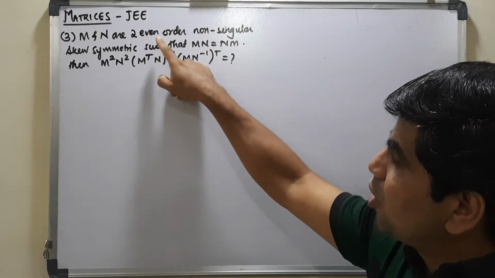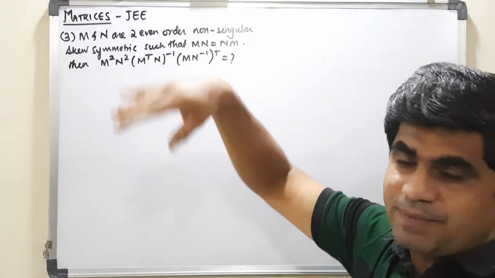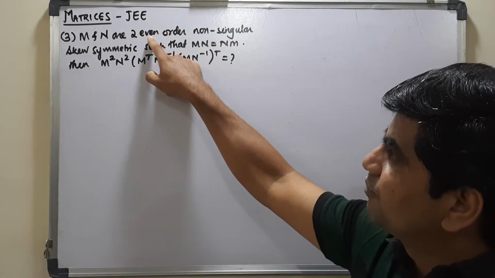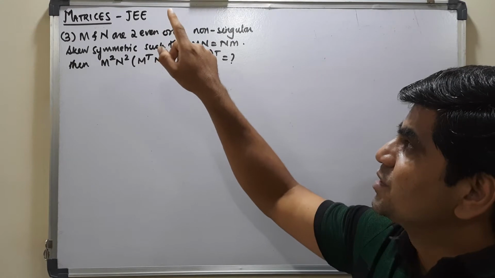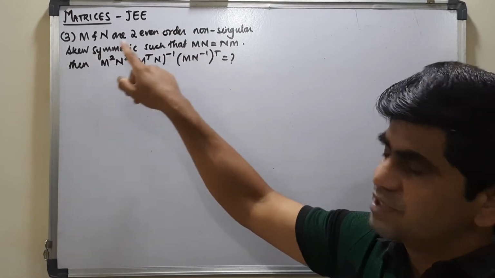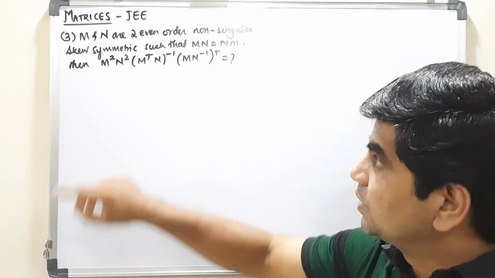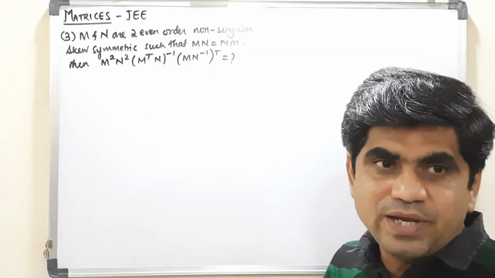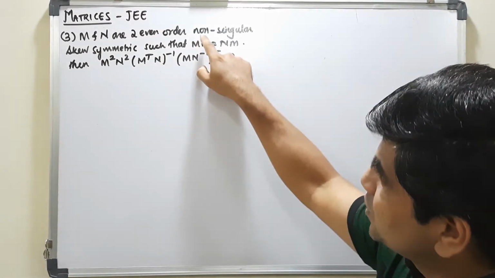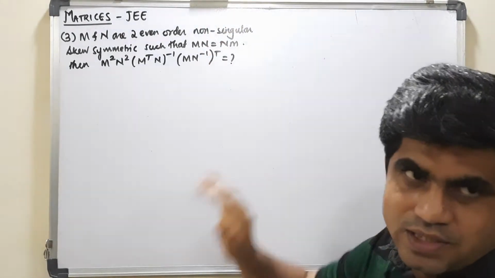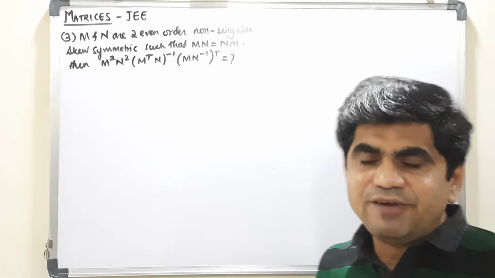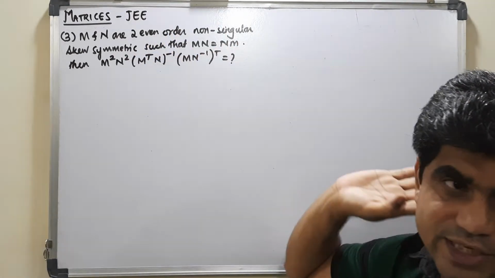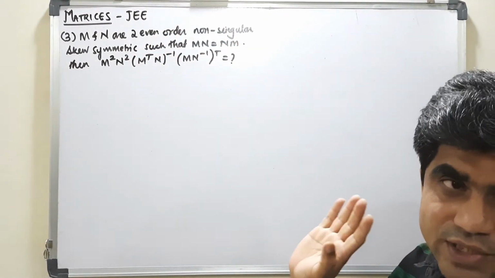If it was odd, as you saw in my previous video, the determinant of an odd order skew symmetric matrix becomes 0. Here it is even, so the determinant is not going to become 0, and it is also clearly told that they are non-singular. Even if it was not added, we could understand since it is even order that the determinant value is not 0.